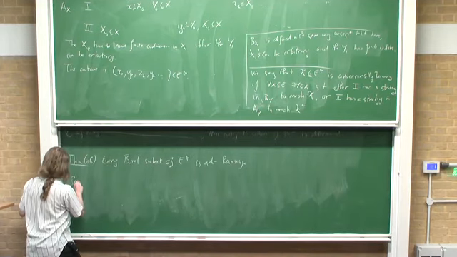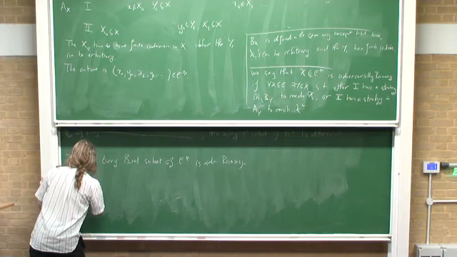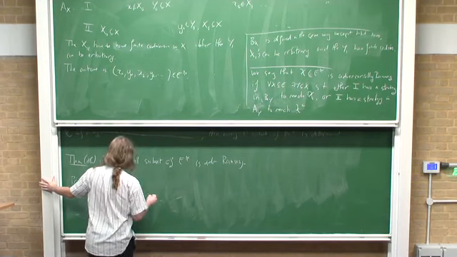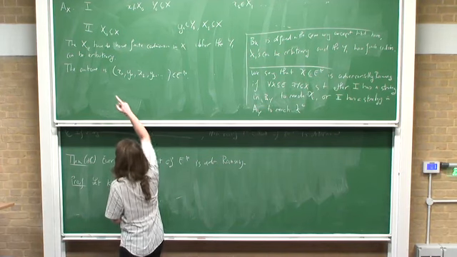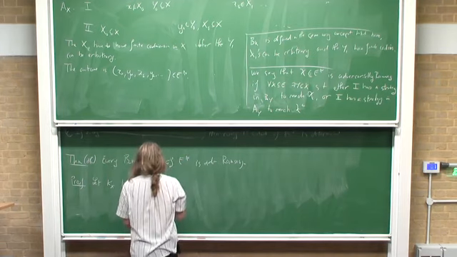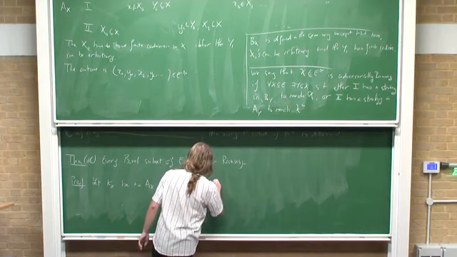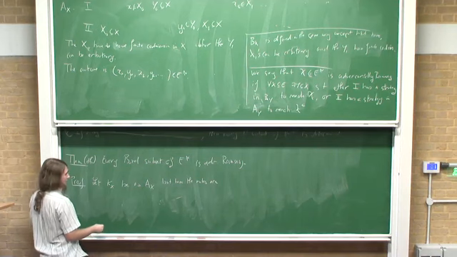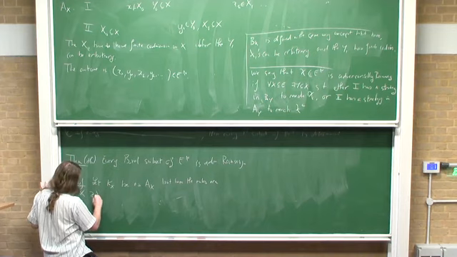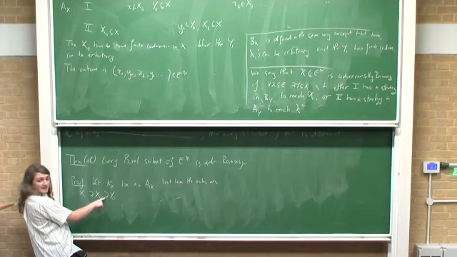So actually, I define a game. Let K_X be defined in the same way as A_X and B_X, etc. But here the rules are only that x0 is a subset of X, and y0 is an arbitrary subset of x0.